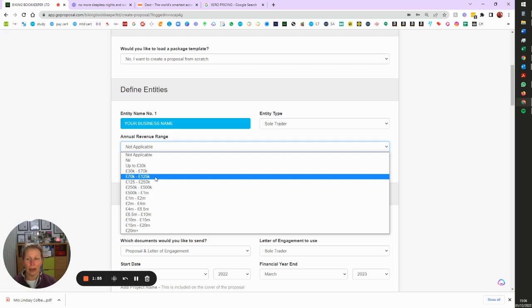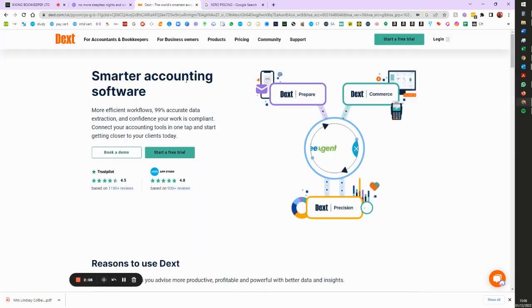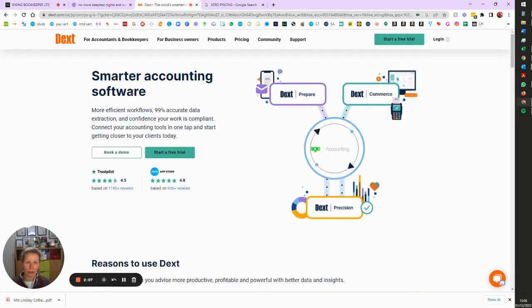He is happy to use Zero and also is IT literate. That means he's happy to go paperless and upload all the documents for us. We use Dext, which is a fantastic software which stores all the invoices.